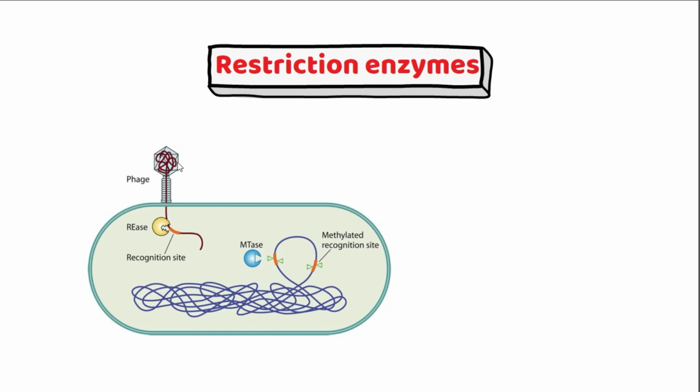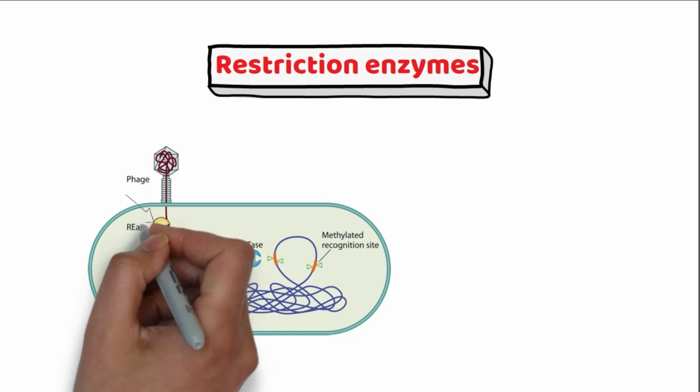Here, when bacteriophage attack bacteria, it inserts its DNA content inside bacterial cytoplasm. Restriction enzymes can attack this foreign DNA and cut it into small pieces at certain sites called recognition sites.